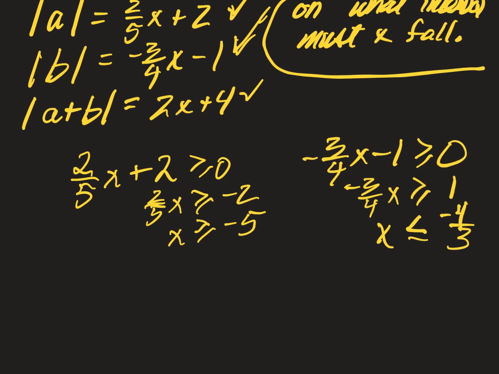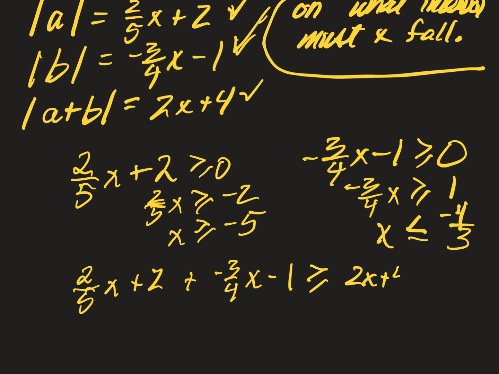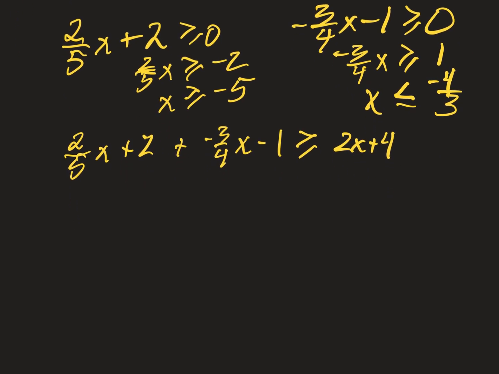So the next inequality you write is 2/5 x plus 2 plus negative 3/4 x minus 1 is greater than or equal to 2x plus 4. And then you proceed to solve that inequality as well. So I'm going to do that.